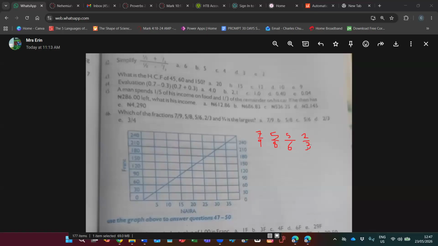Is that 1/4 or 3/4? 3/4. Okay, thank you. 3/4. And now asking us which one is the largest. You know that some people will stand. I don't know how some people reason. They will go and choose this as the largest.